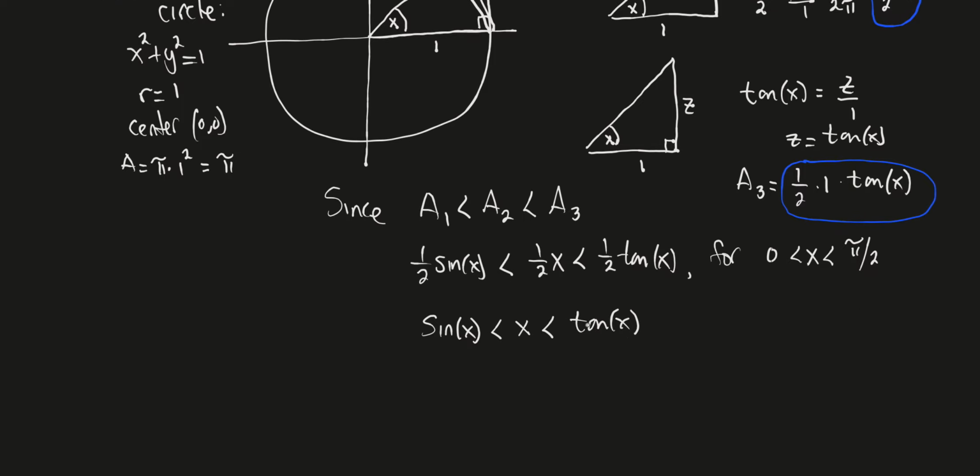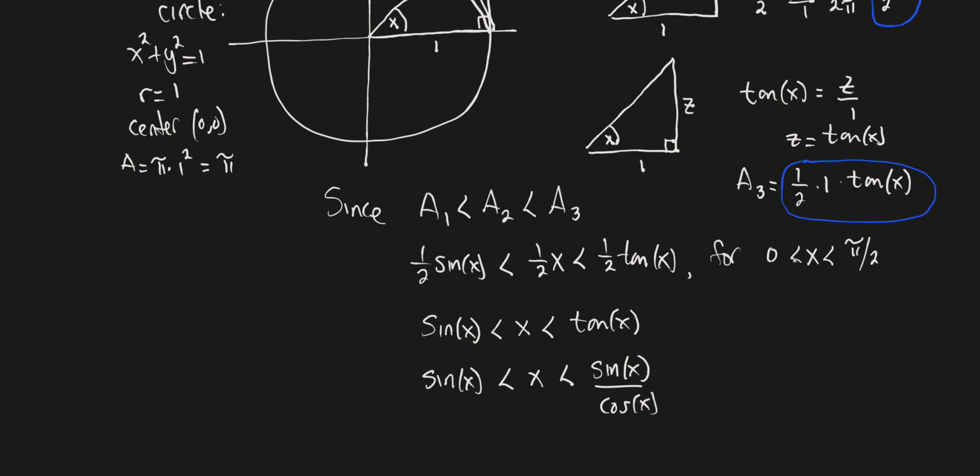Tangent is sine over cosine. So I am going to say that the sine of x is less than x, which is in turn less than, writing tangent as the sine of x over the cosine of x, right?